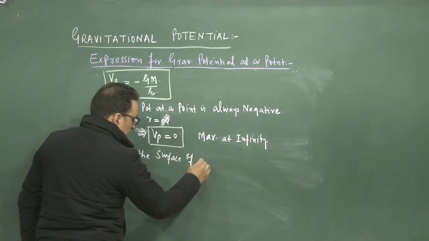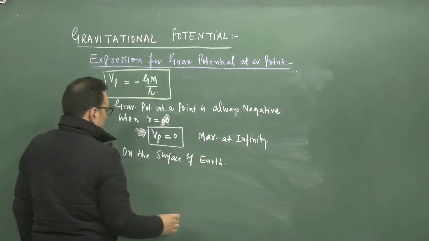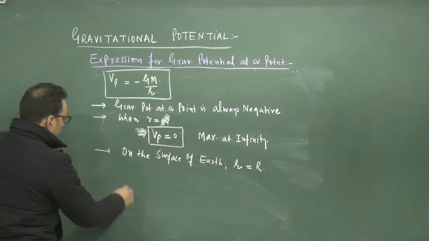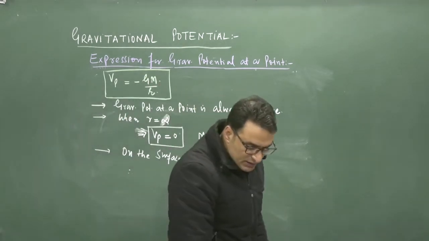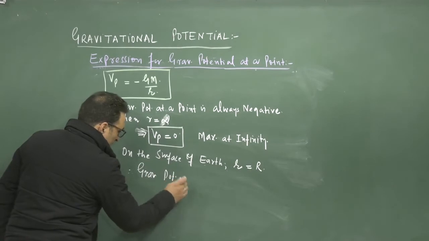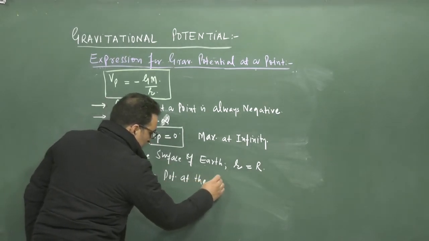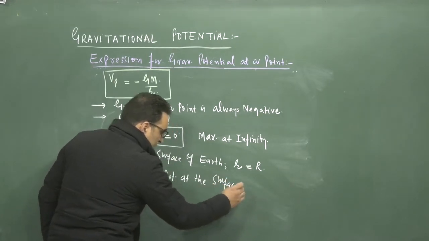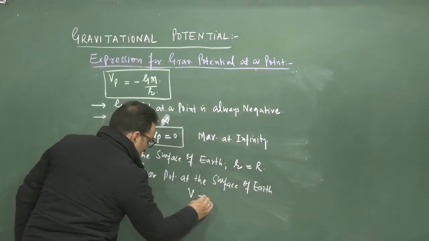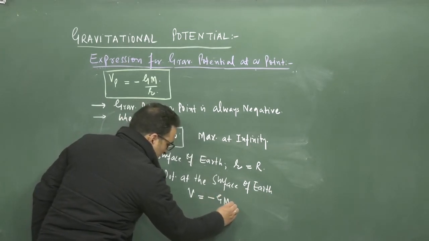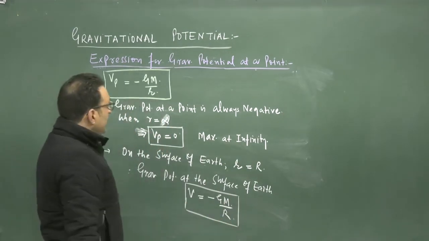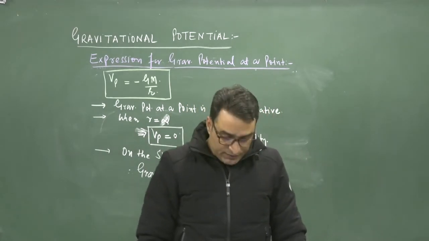Here we can write small r is equal to capital R. Therefore, the gravitational potential at the surface of earth will be V is equal to minus GM by capital R. This is all about the gravitational potential and the expression for it.